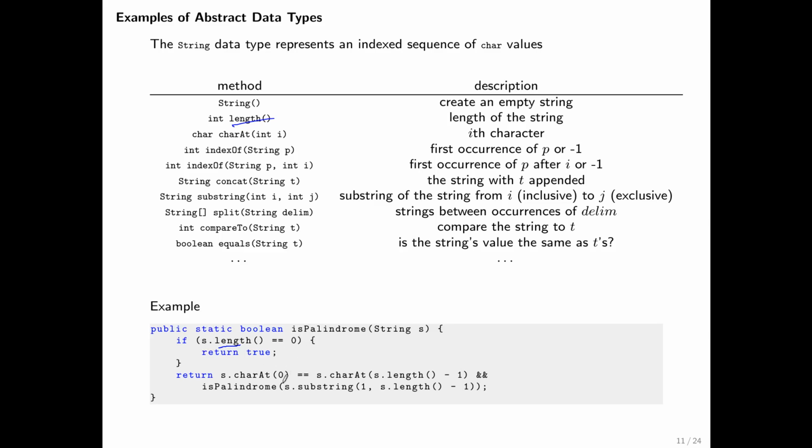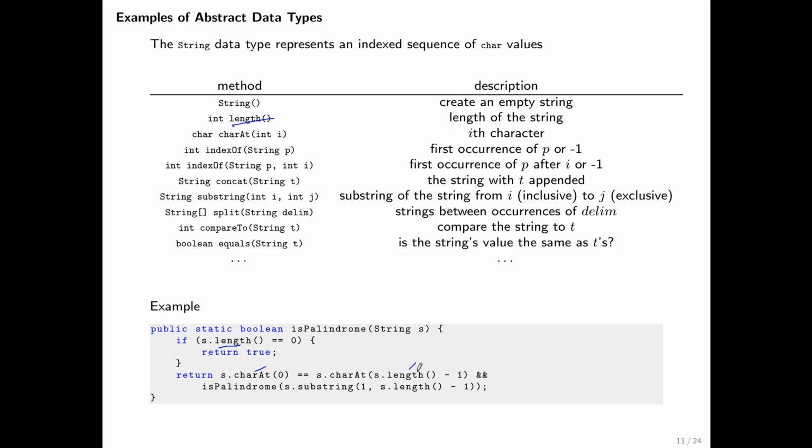Otherwise, what we do is we compare the character at 0 in the string with the last character at s.length minus 1. So here we are making calls to the instance methods charAt and length. We simply compare the first character with the last character.